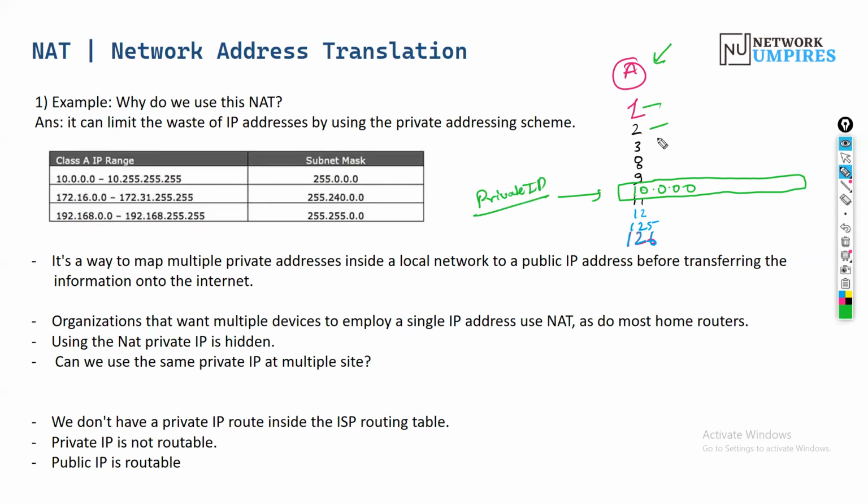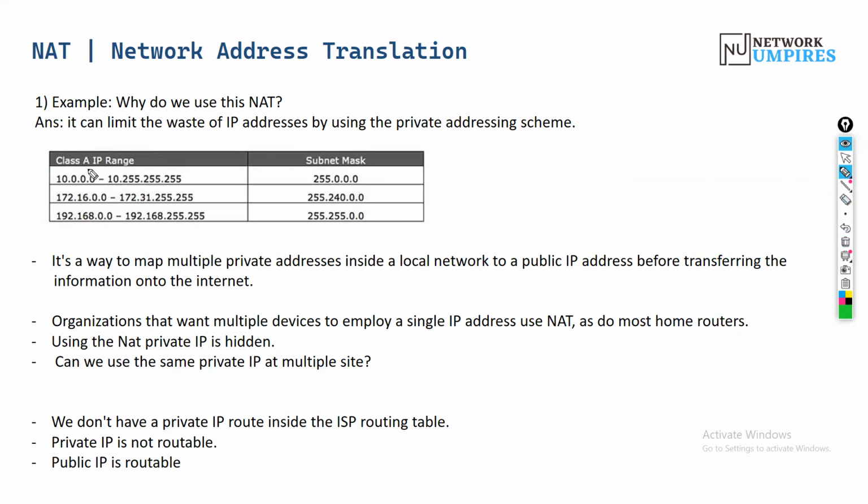And this range 1, 2, 3, 4, and then 11, 12 till 126, those are all public IP. Exactly the same in class B and class C. So in every class, we have private IPs and public IPs, right? So right now I'm talking about private IP addresses.